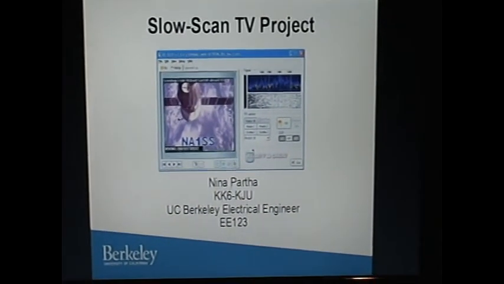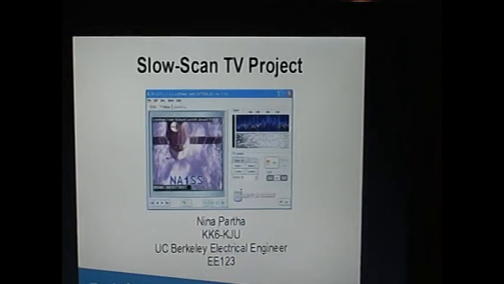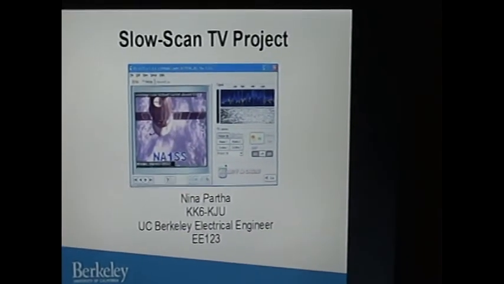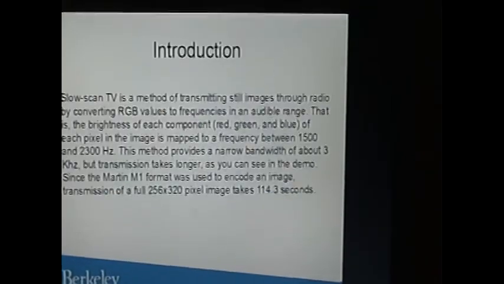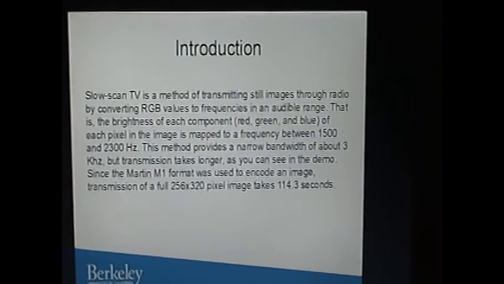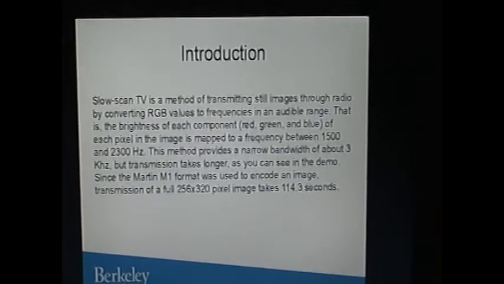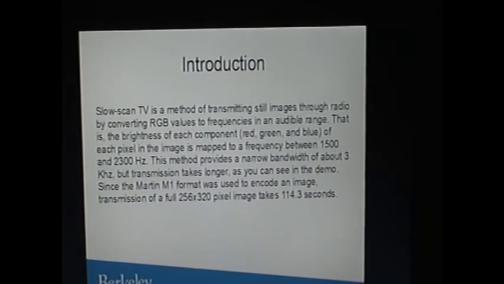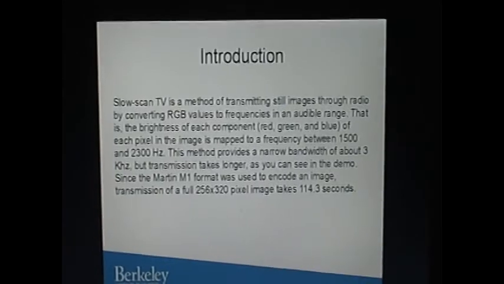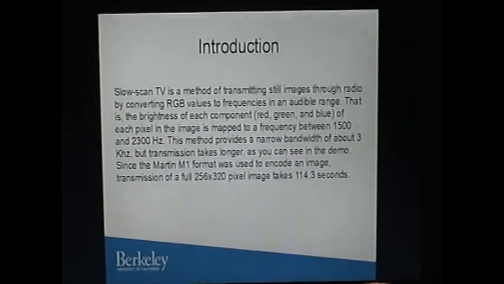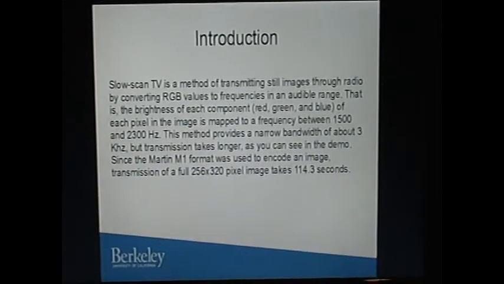So the purpose of this project was to basically simulate or to create a transmitter and receiver for SSTV. So SSTV is a way to transmit images from one module to another module, and the way it works is that it converts the RGB values of the pixels of the image to frequencies, and these frequencies are in an audible range from 1500 to 2300 hertz.